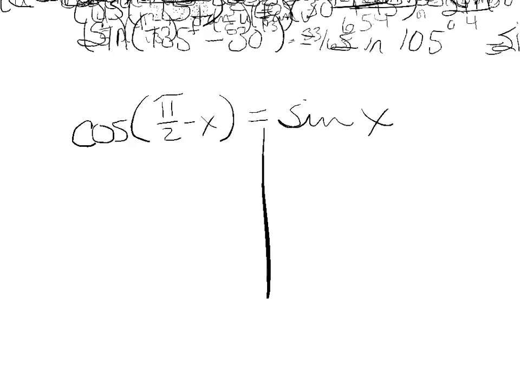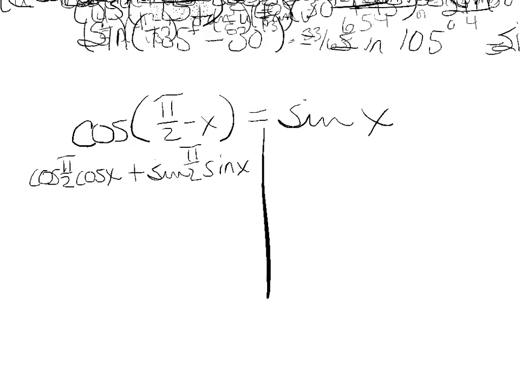Okay, so if we use our cosine, it's the cosine of pi over 2 cosine x plus the sine of pi over 2 sine x. I simply used the formula for the difference of two angles using the cosine. What is the cosine of pi over 2, Colleen?